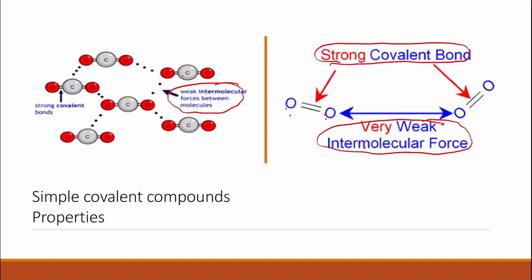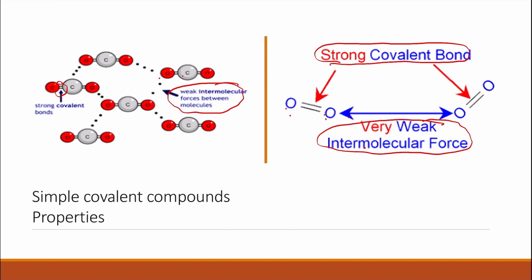Here on the left, we can find carbon dioxide, carbon with two oxygens, with a double bond, or two covalent bonds, between each carbon and oxygen. There are also weak intermolecular forces between the molecules, but there are strong covalent bonds between the atoms within the molecules.